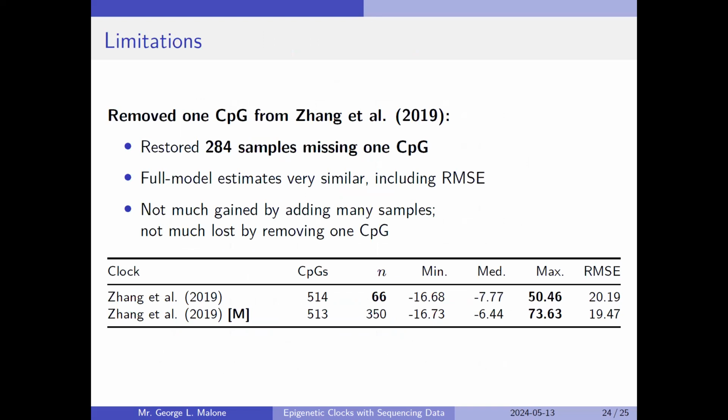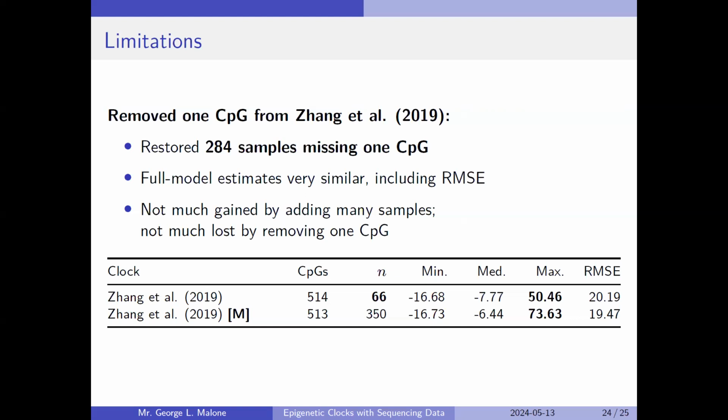So removing the CpG from Zhang is the main concern here, because 80% of valid samples for Zhang were missing this one CpG. In an effort to maximize the sample size, I removed that CpG.